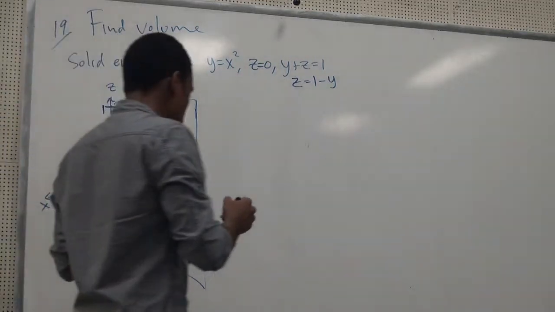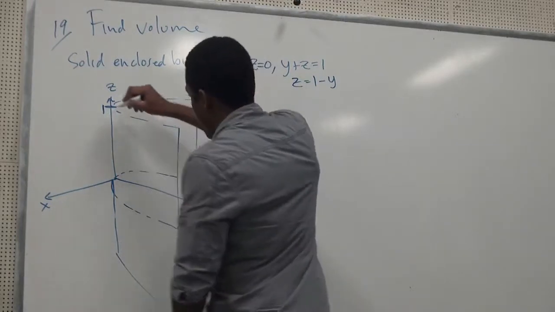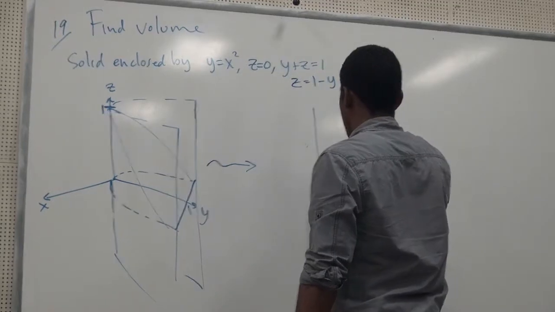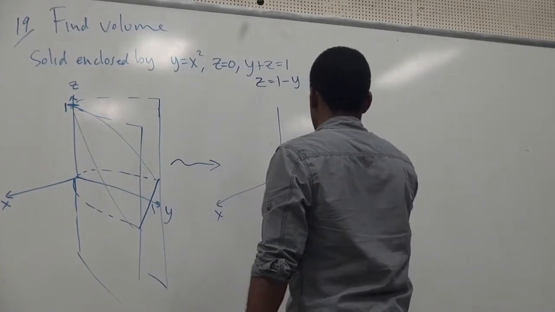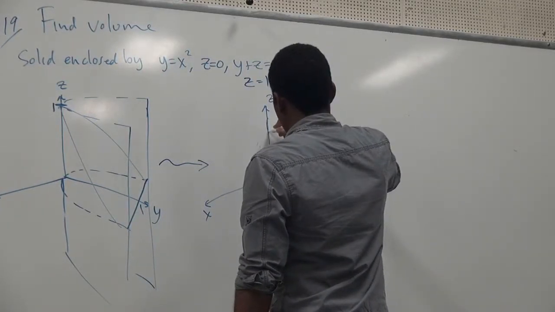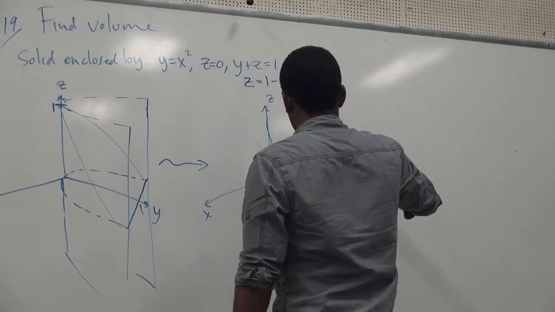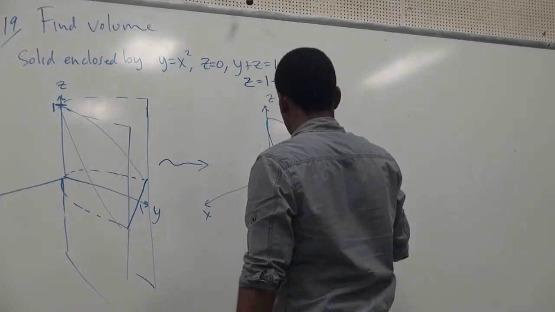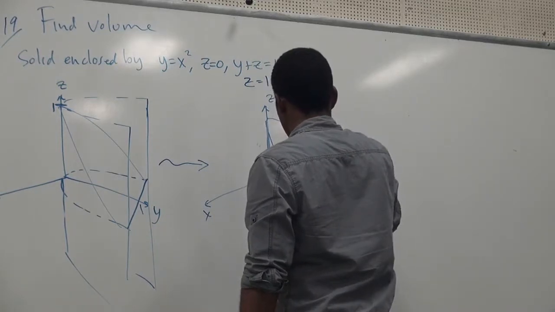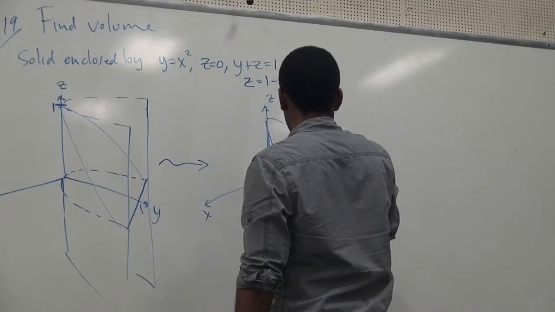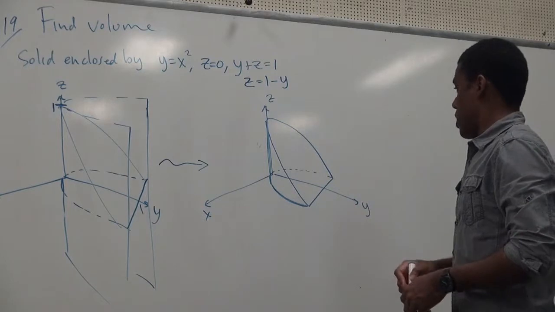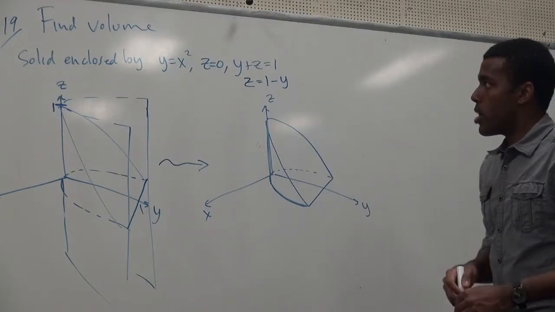So it's very similar to the thing we had before. It's just a plane cutting through here. So if I had to graph it, it would look like that. That's our guy. Okay, so how do we set up volume?